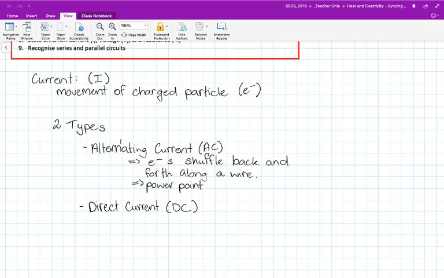It's where all your electrons flow in the same direction from the negative terminal to the positive terminal.